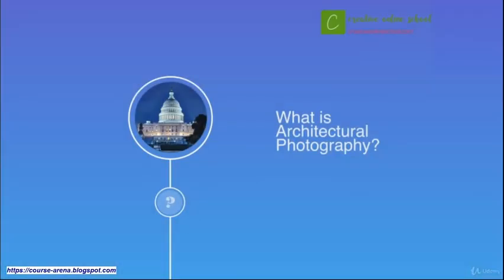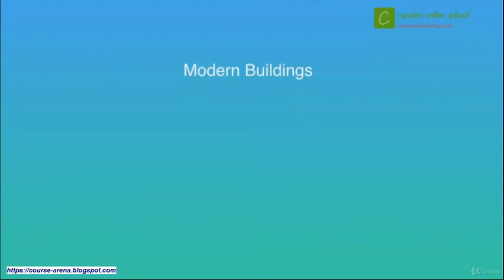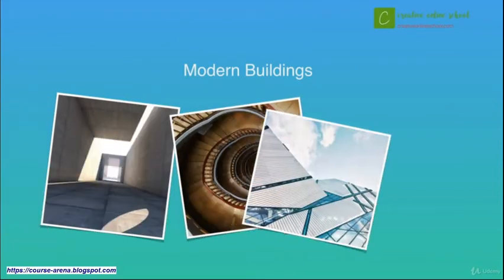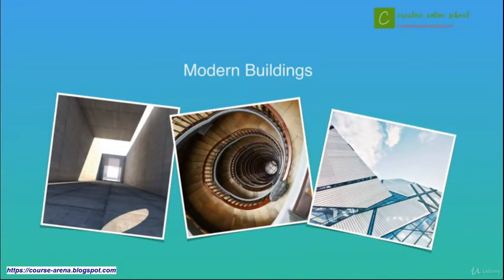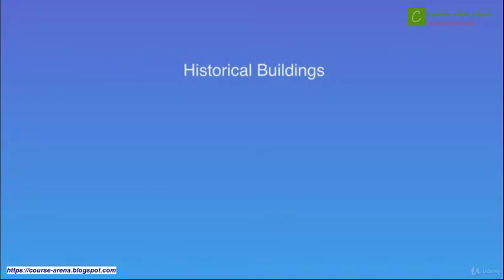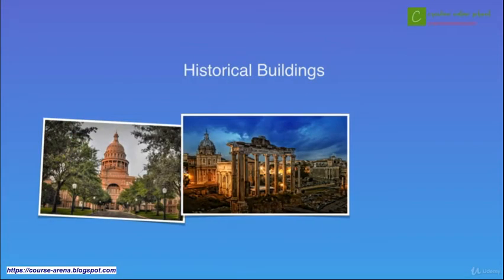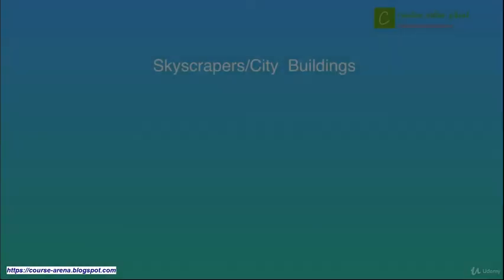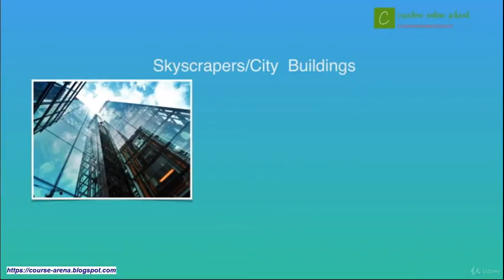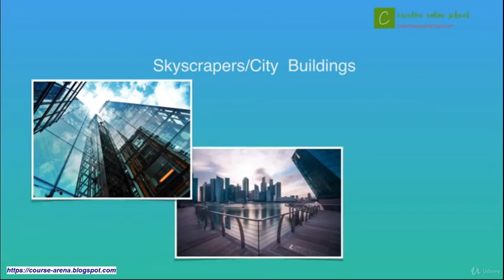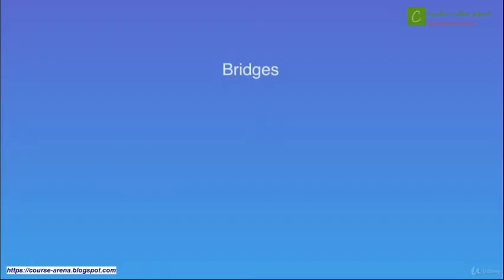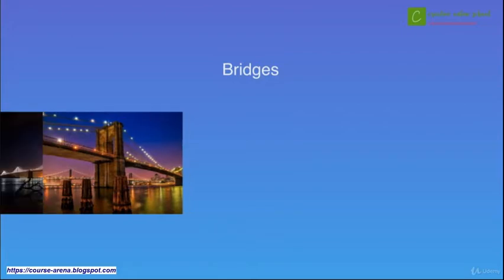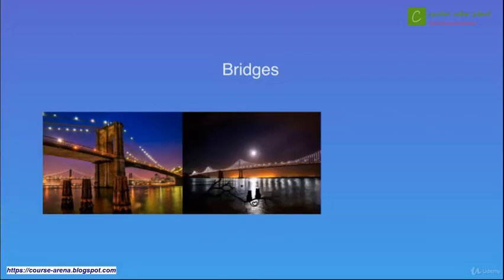So let's talk about what is architectural photography exactly. Architectural photography is a broad subject encompassing everything from modern architecture, like you see here, that can also include the interior of buildings, historical buildings, skyscrapers and city buildings, bridges.